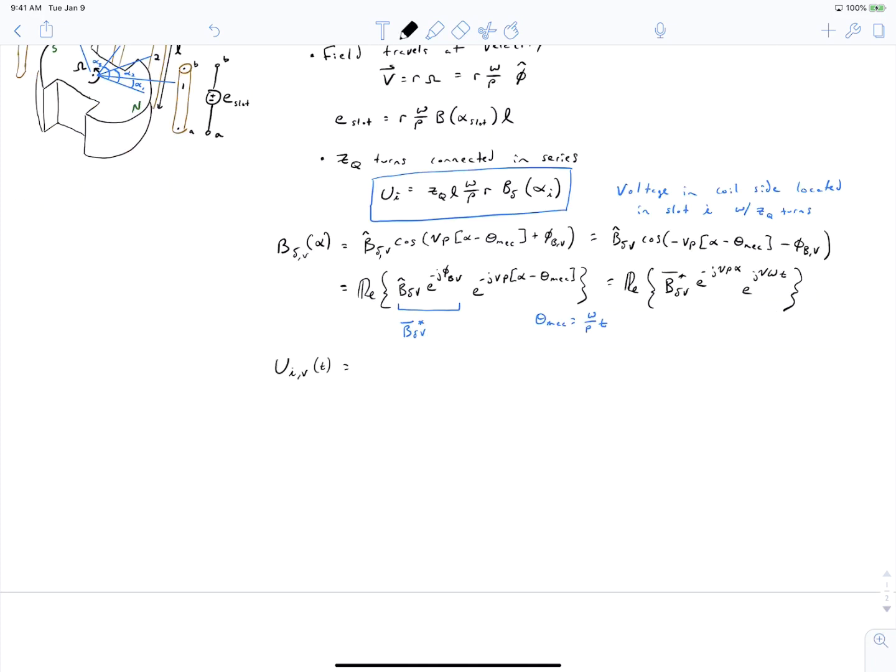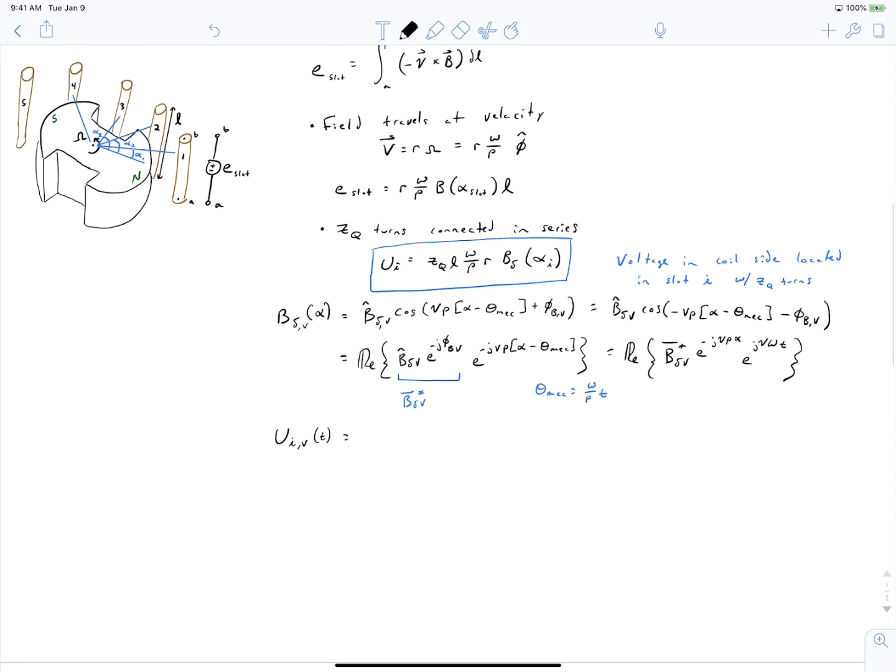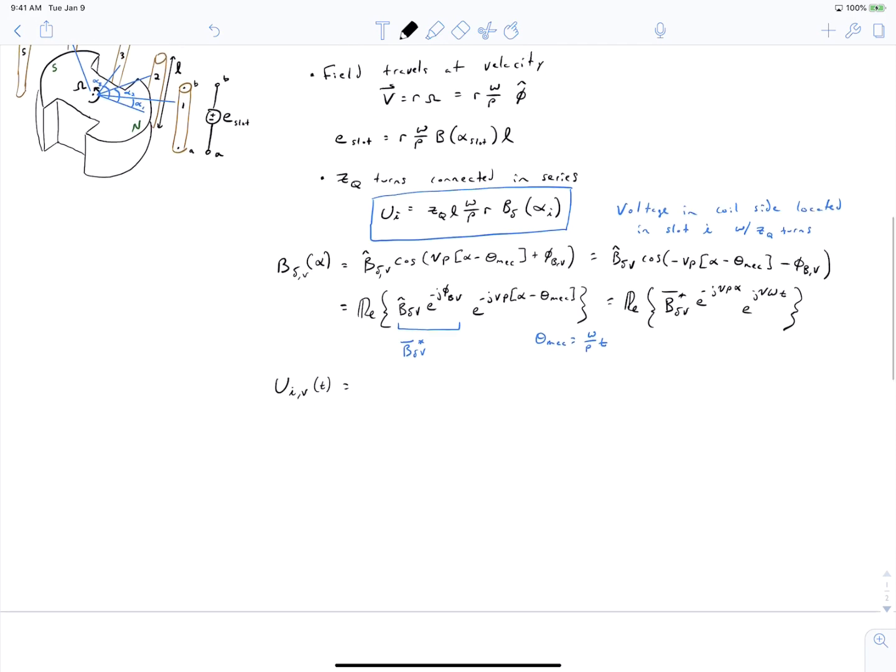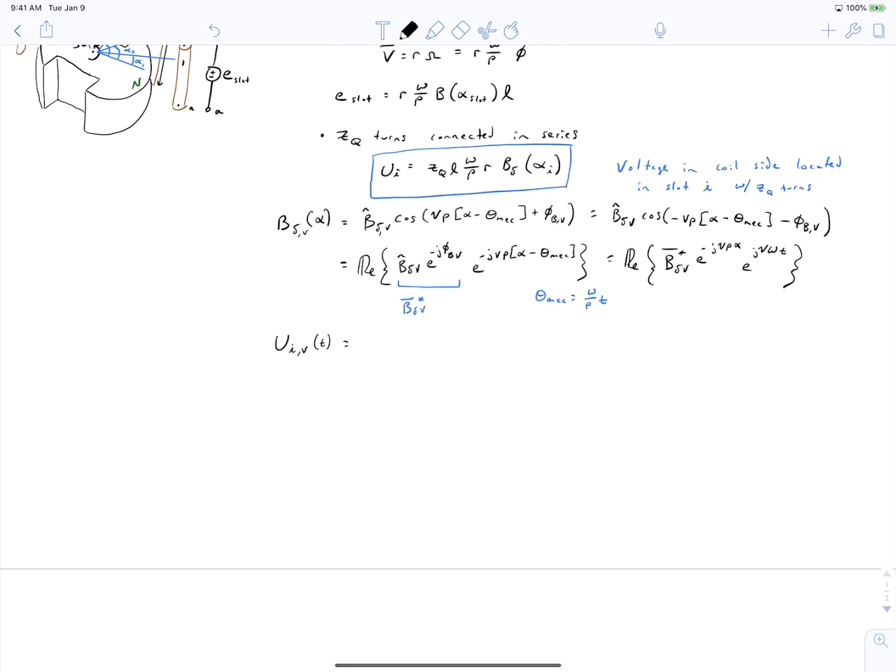So the voltage in coil side i, the coil side sitting in slot i, is going to be equal to the following. We're going back to this expression to derive that. We're going to plug in this right here to get this. And so we have this expression. We can pull a few things out here.